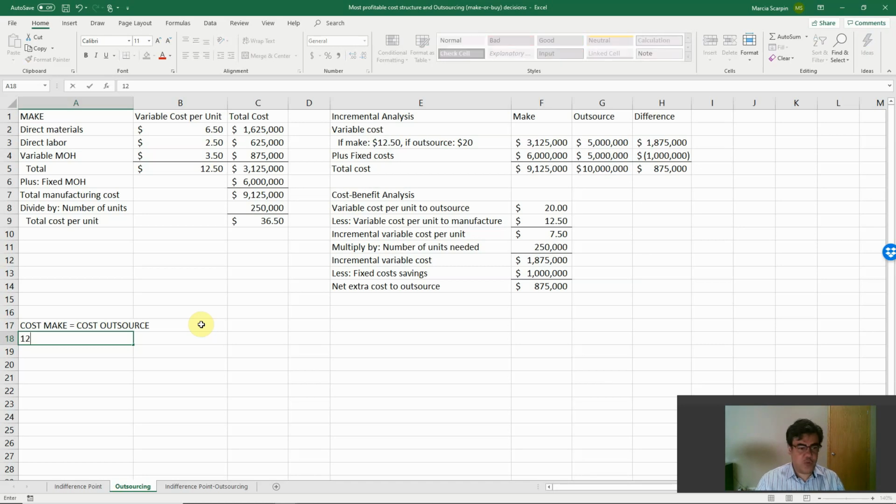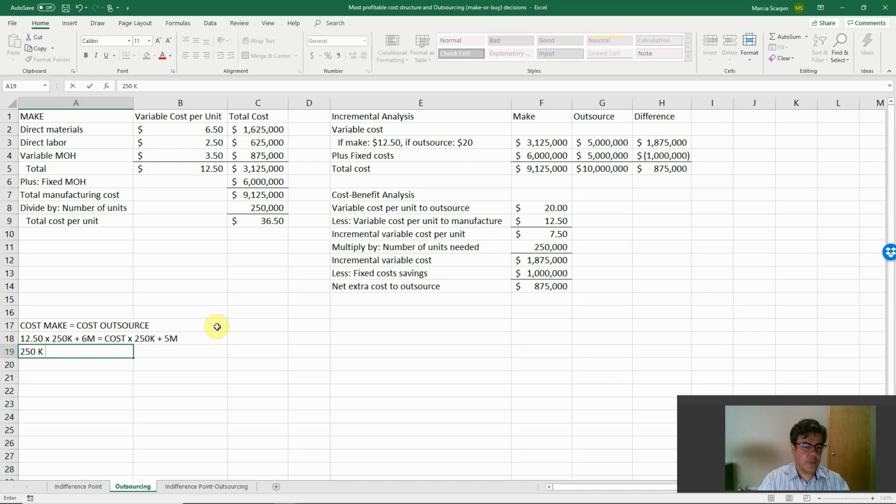Our cost to make, 12.5 times 250,000 units plus $6 million, equal to our outsource cost, times 250K plus 5 million. So what do we have here?